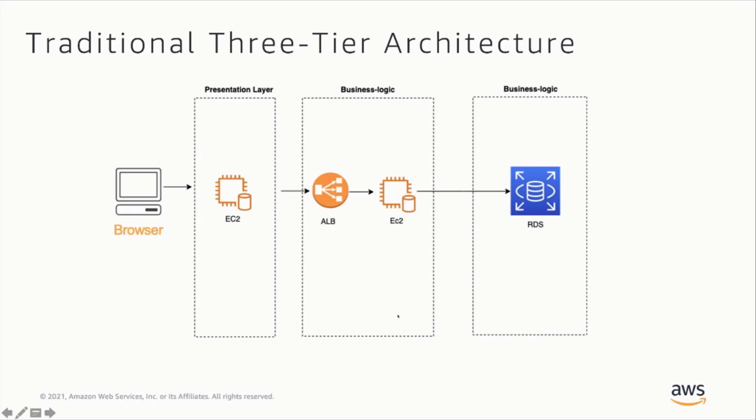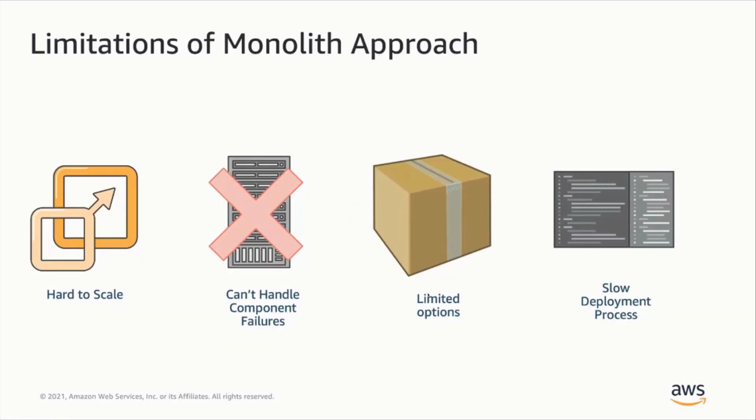And again, as you see here, because of this, there are some limitations. As we talked about a few minutes ago, because of the nature of this application, where we are building different services and components together and deploying all of the code base together on one single platform, it's really hard to scale the application.